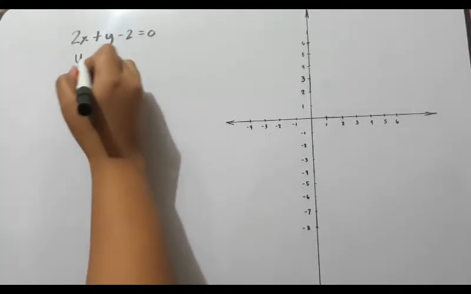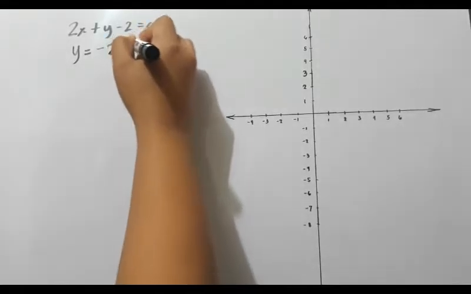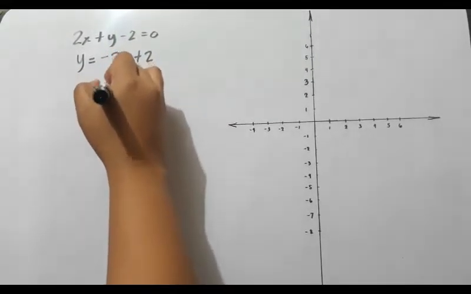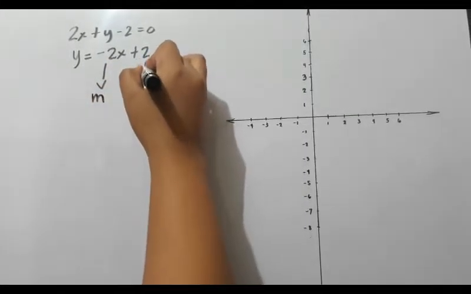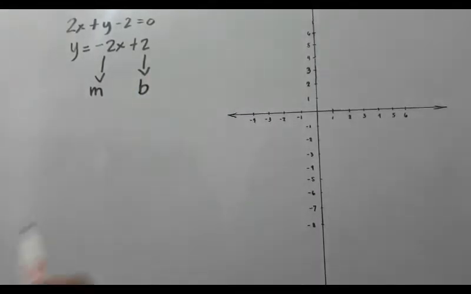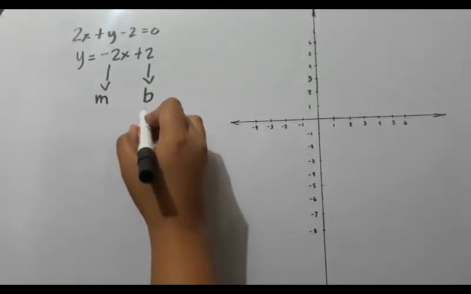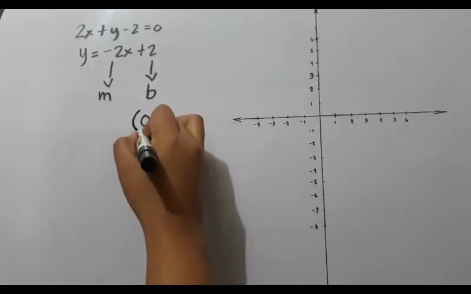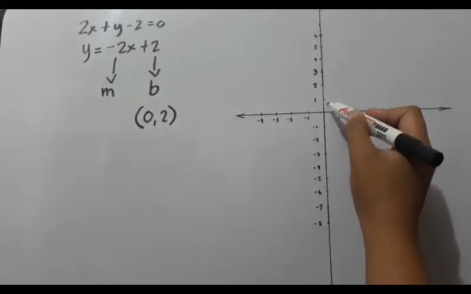So we will have y equals negative 2x plus 2, wherein negative 2 will be our slope and 2 is the y-intercept. So again, we now have one point here. We have (0, 2) as our first point. Let's plot this point now.